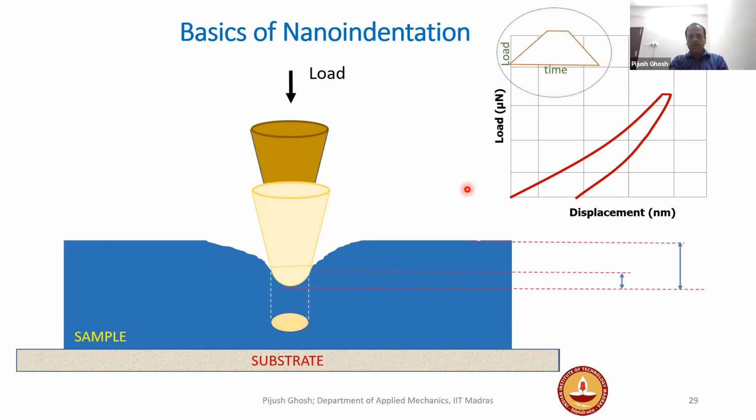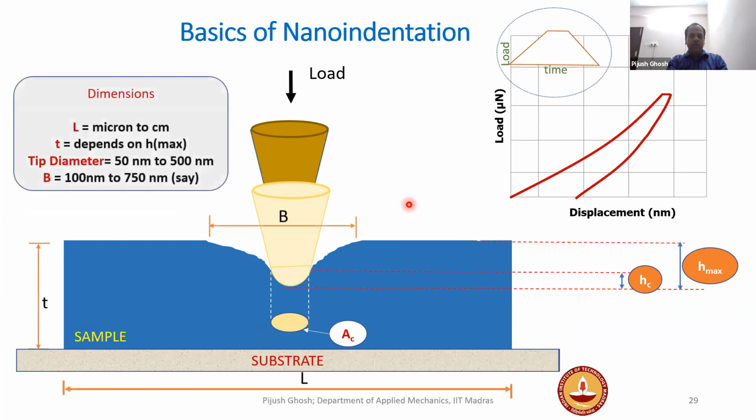The two most important characteristics that you normally measure to find out the behavior of this material are the contact area that it has made and the contact depth, where it is losing contact. These are the 2 fundamental parameters that we measure to tell about the mechanical property of the material. Now, this is important to give you an idea about the sample size.